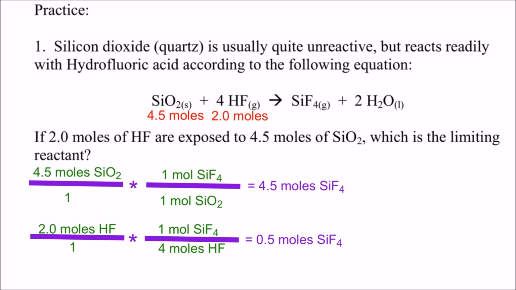The silicon dioxide starting material tells us that we could produce 4.5 moles of silicon tetrafluoride, and the hydrofluoric acid starting material tells us we could produce 0.5 moles of silicon tetrafluoride. So the smaller answer must come from the limiting reagent. Okay, so the hydrofluoric acid is the limiting reagent, and the silicon dioxide is the excess reagent.